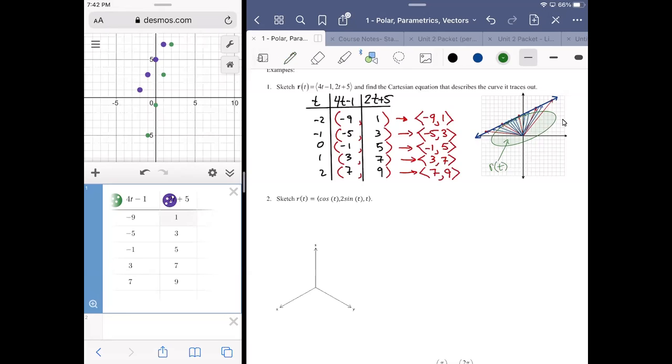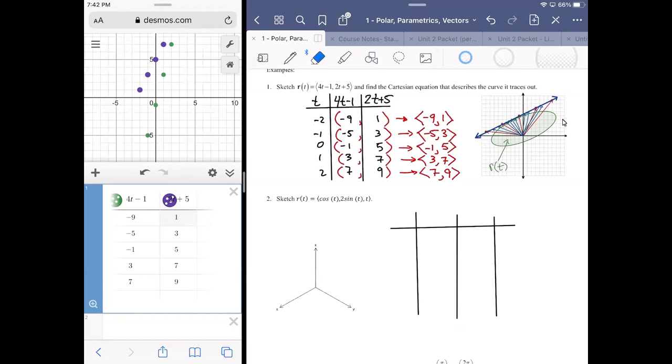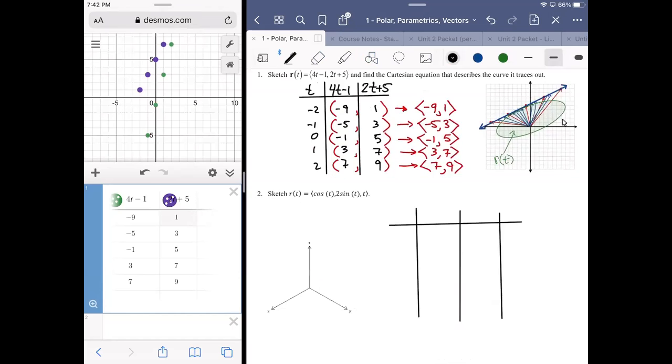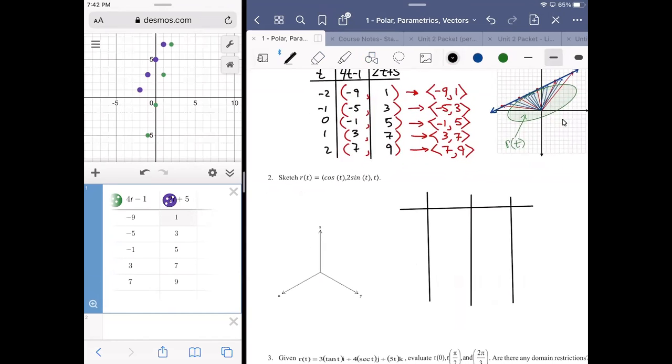I'm going to need 4 columns here, all operating under the assumption that we can come up with nice enough values to make this all work out.